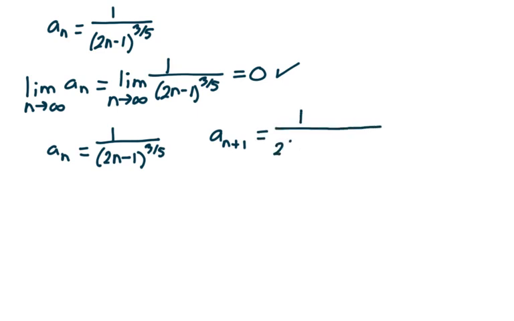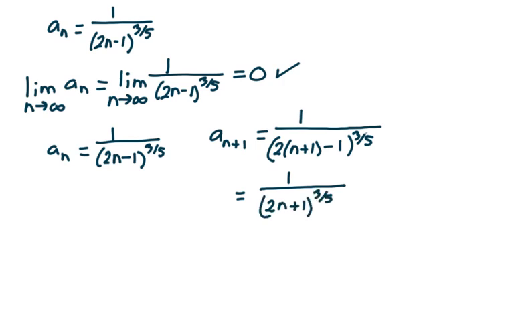So we get 2 times n plus 1 minus 1 to the 3/5. Okay? Now, I claim this is 1 over 2n plus 1 raised to the 3/5. Just like this.